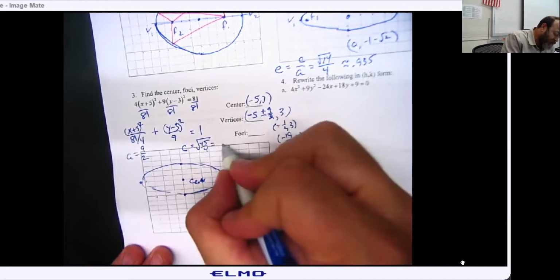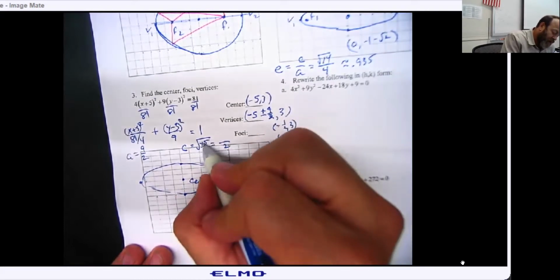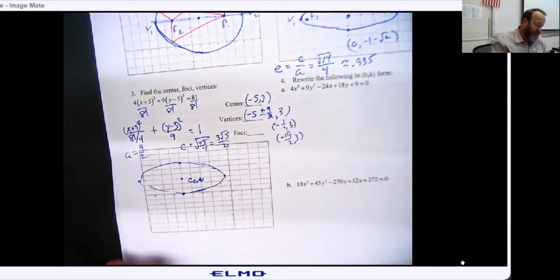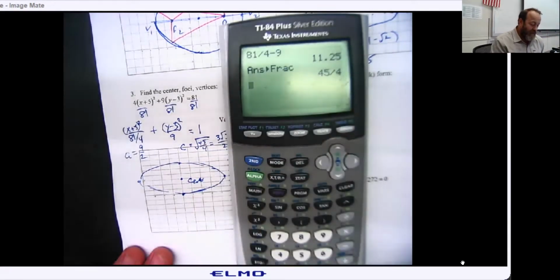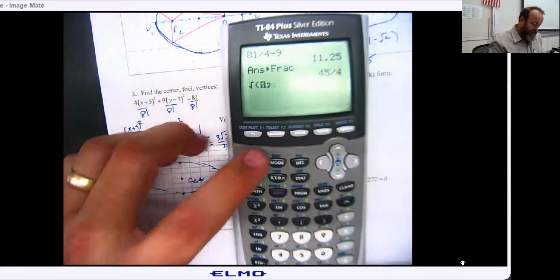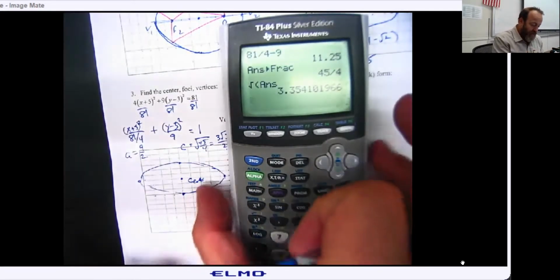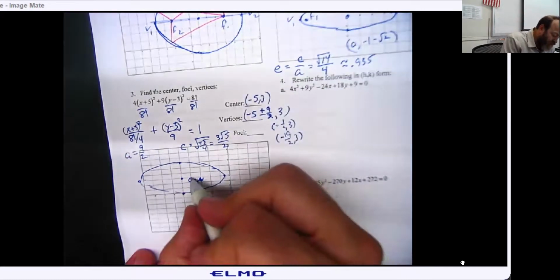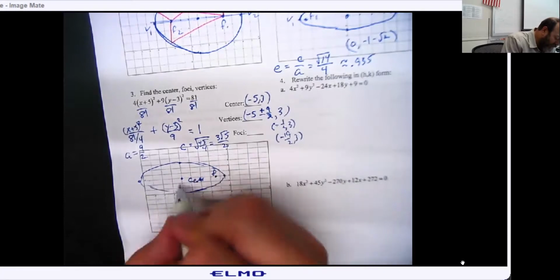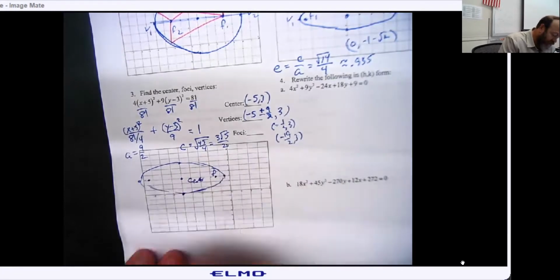And I'm going to try to simplify that a little bit. 45 is 9 times 5, so that's 3 roots of 5 over 2. Now, this is not a pretty answer, so I'm going to grab a decimal real quick. And I got 3.35. So if I go over 1, 2, 3.35, and 3.35, 1, 2, 3.35.